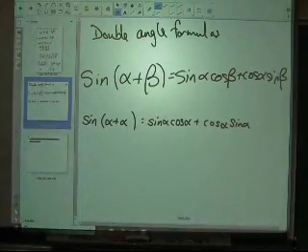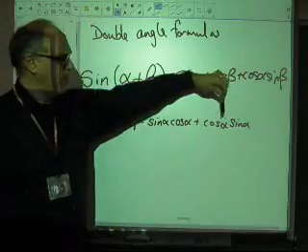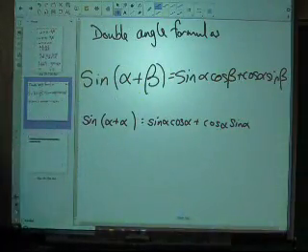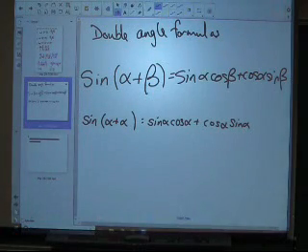Now, being mathematicians, does it make a difference if it's the cosine of alpha times the sine of alpha or the sine of alpha times the cosine of alpha? Does that order of product make a difference in the final result?